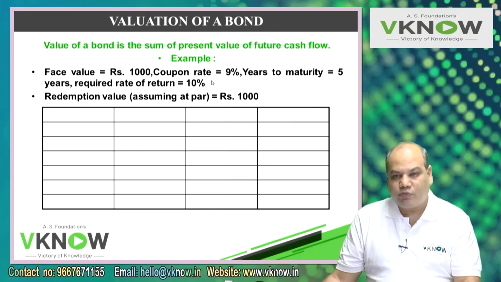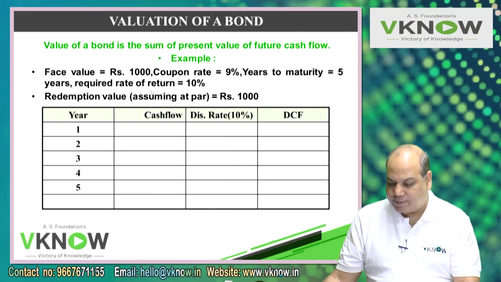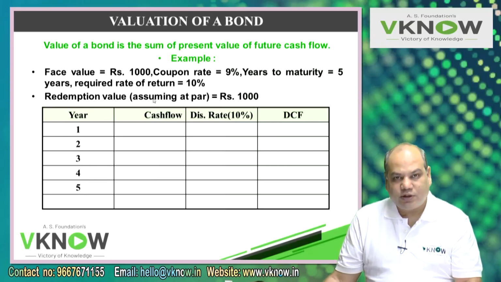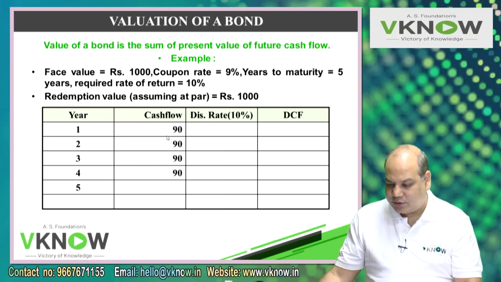So first we have to now visualize what are the cash flows this bond will generate. This bond has a life of 5 years. So I have written here 1, 2, 3, 4, 5. What are the cash flows this bond will generate? First year it will generate only coupon, 1000 into 9%, 90, 90, 90, 90.